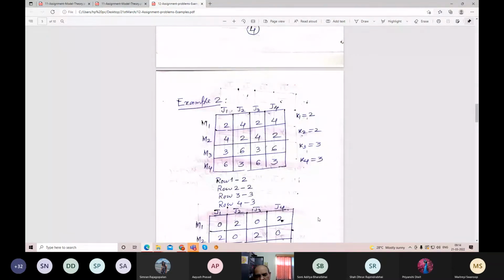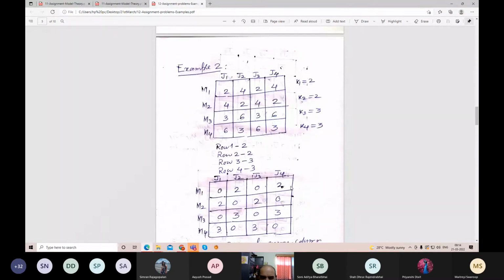Example 2, we have 4 jobs and 4 machines. How to assign? If we apply the Hungarian algorithm, we take the minimum of the first row, which is 2 units. Second row minimum is also 2 units.